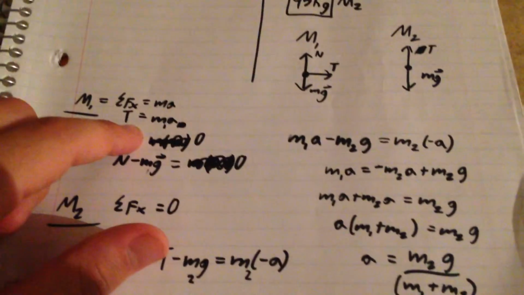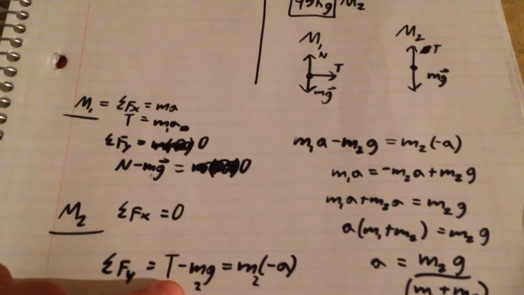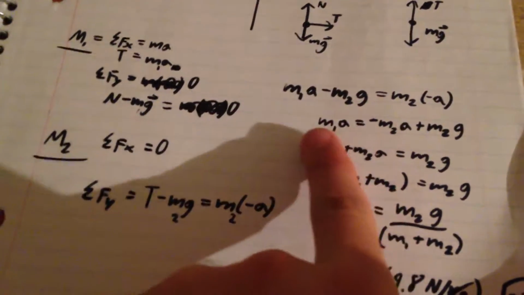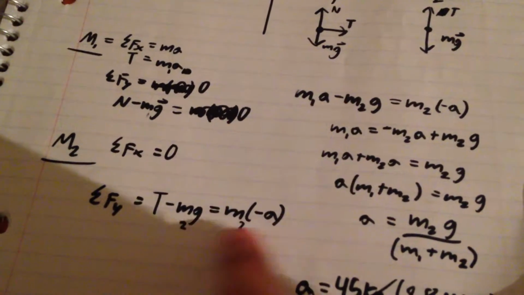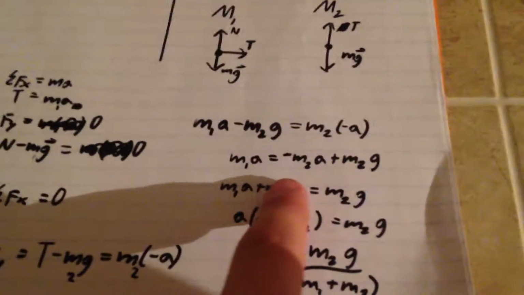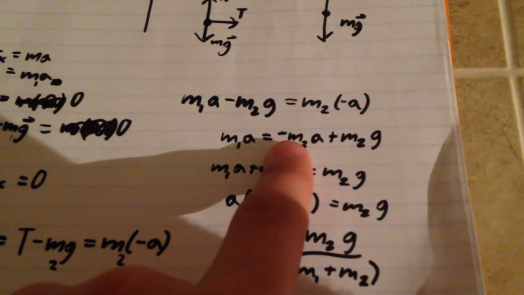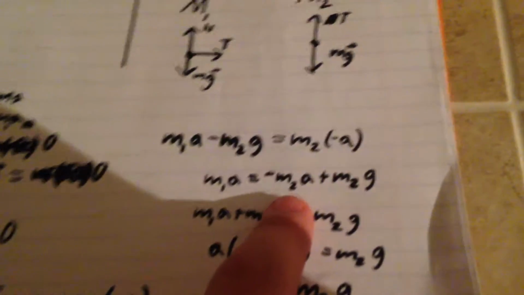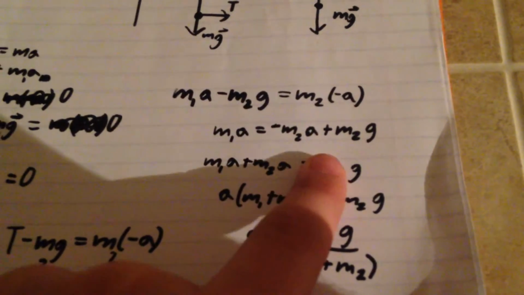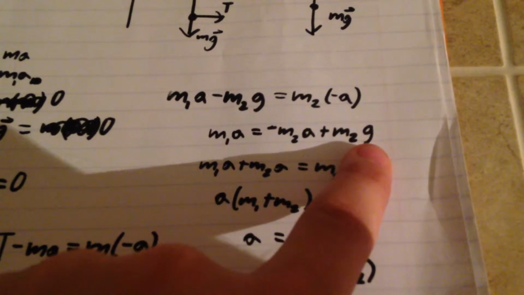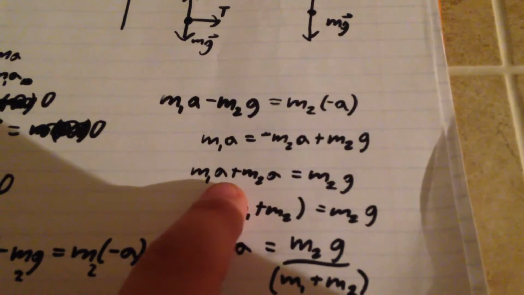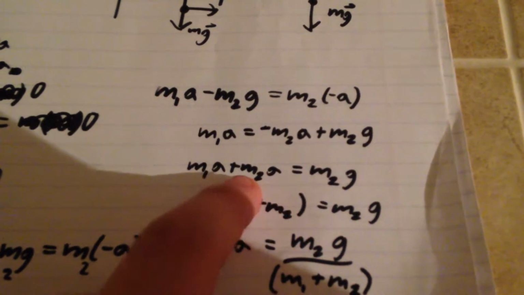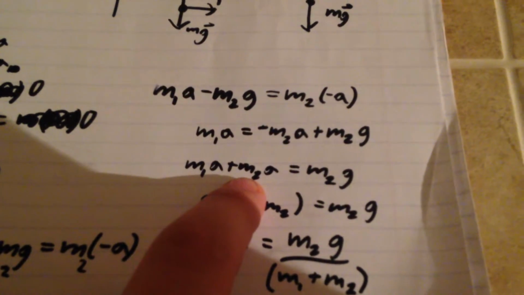So if you come up here and take your T, you can plug it into this equation, and you get m1a minus m2g equals m2 times negative acceleration. You're trying to solve for acceleration, so add the m2g to the other side, and take your m2a and add it to this side.